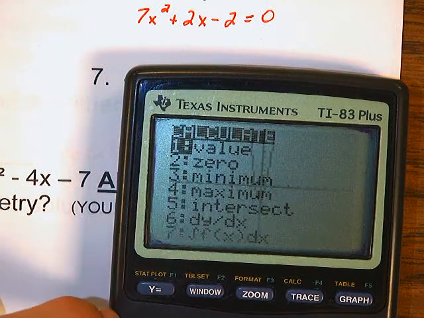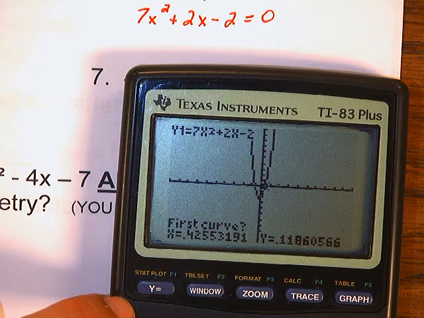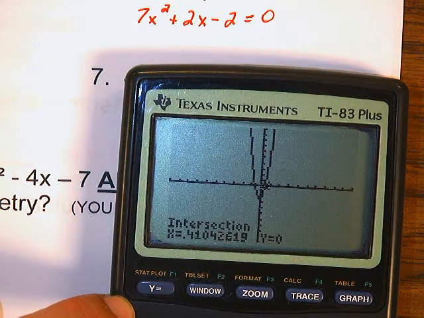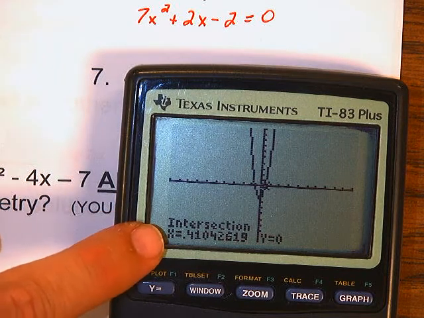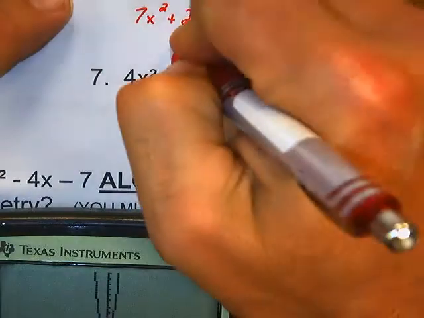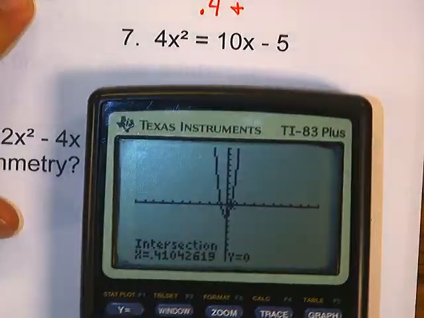Second calc number 5. Move it to one of the intersections. Enter 3 times. Okay. First solution is at 0.41 or 0.4. And let's find the other one.